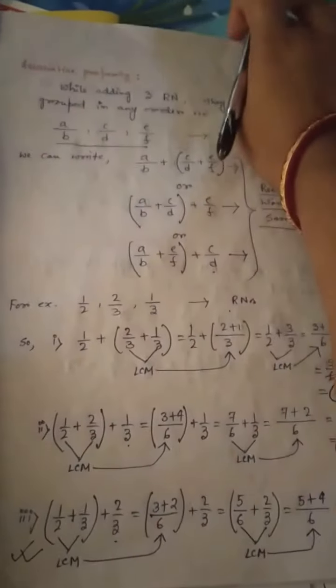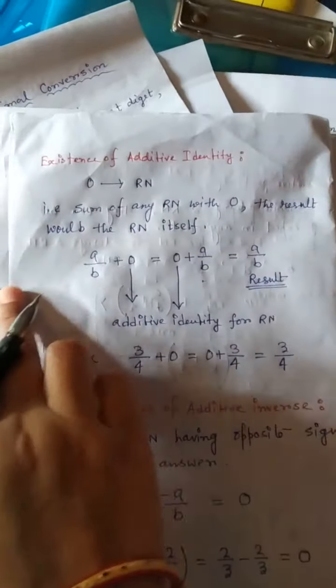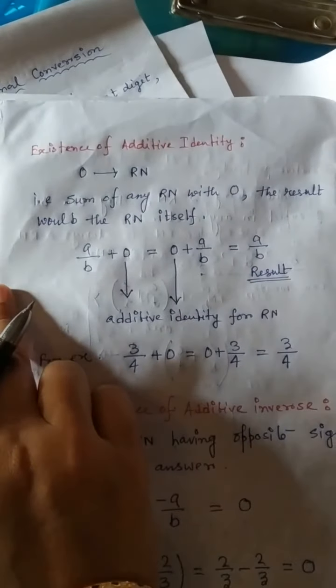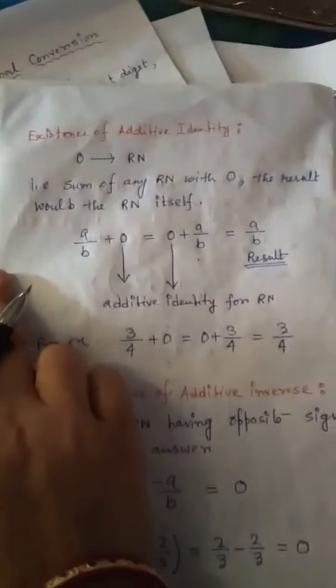Now the next property is the existence of additive identity. Now what is this? See, we know that 0 is also a rational number.